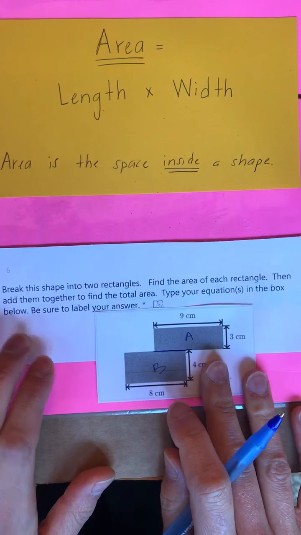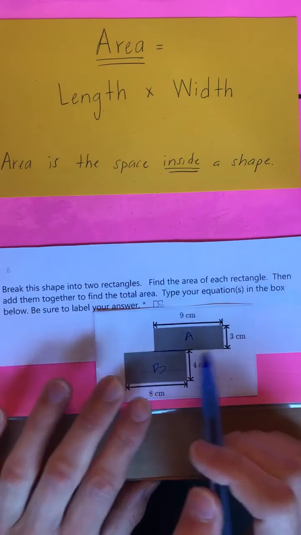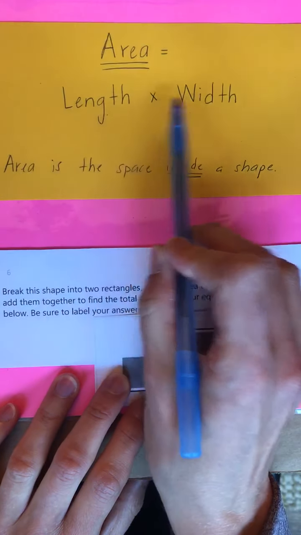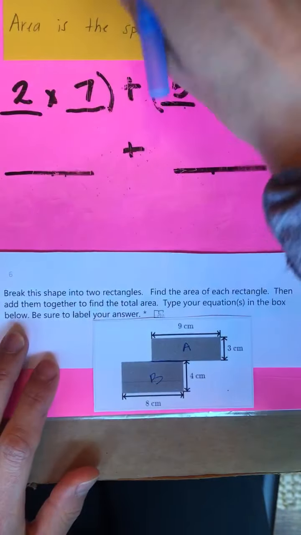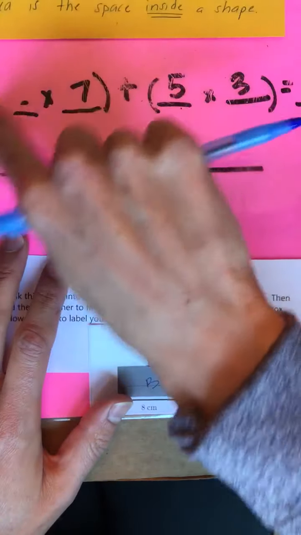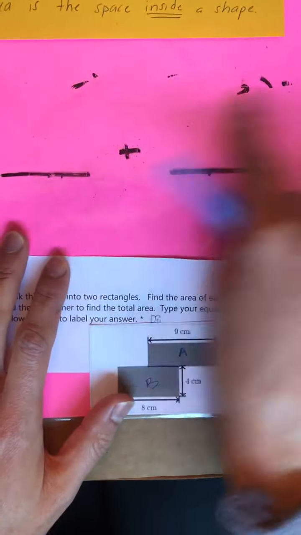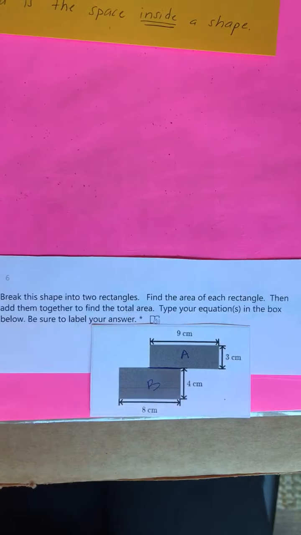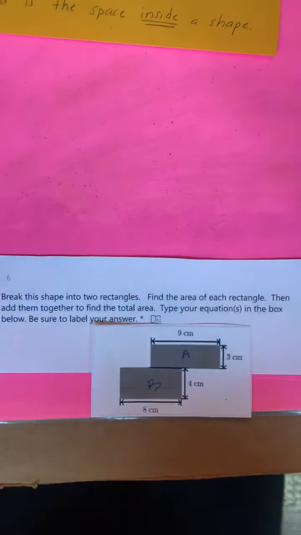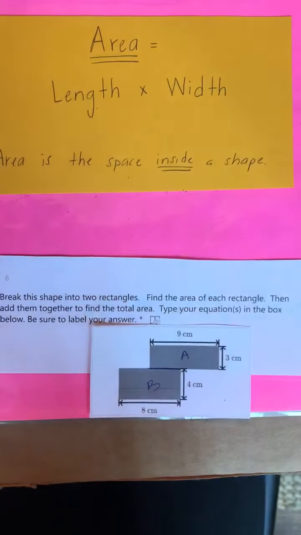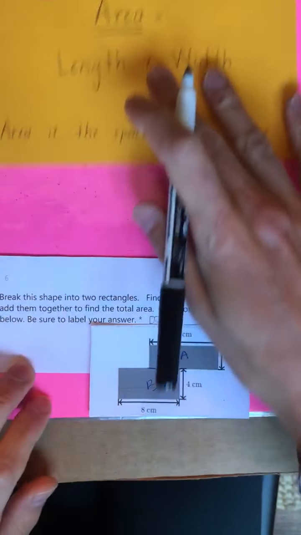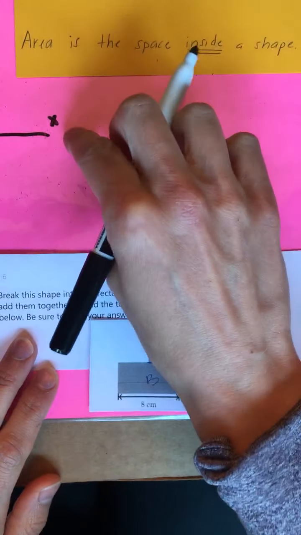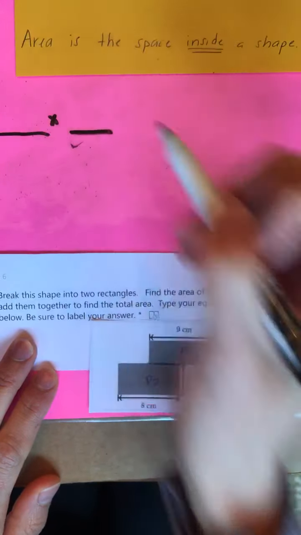Your job is to pause the video. I want you to find the area of A using length times width. I can set that up for you guys again here. I don't have an eraser, so I just have to use my finger quickly. So I'm going to use my formula, length times width, to find the area of A. So the area of A is my length times my width.